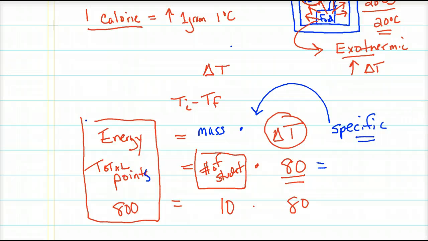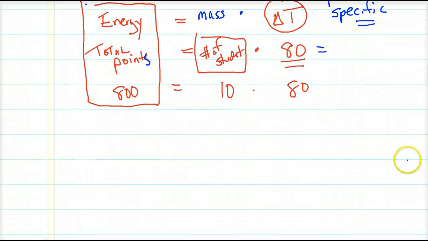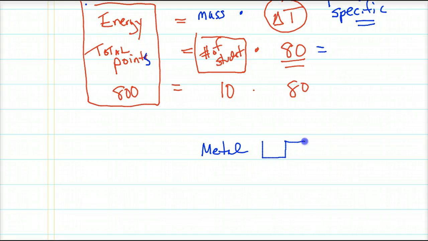Case in point, let's say you have a metal. For instance, you've got a pot on a stove, but on that pot you've got a wooden handle. Why do they put wooden handles on a metal pot?